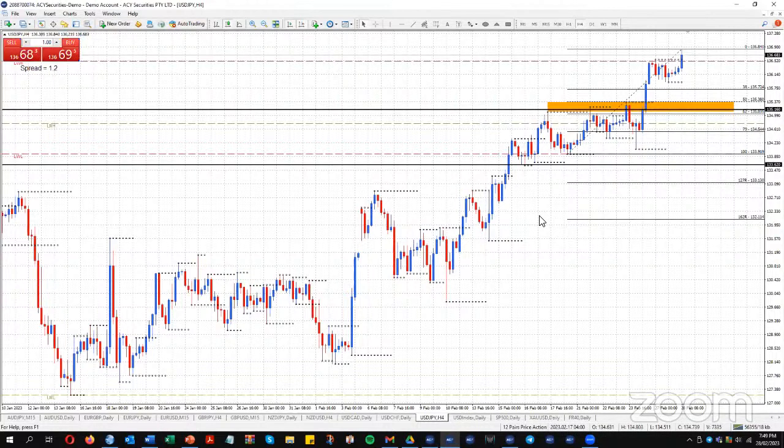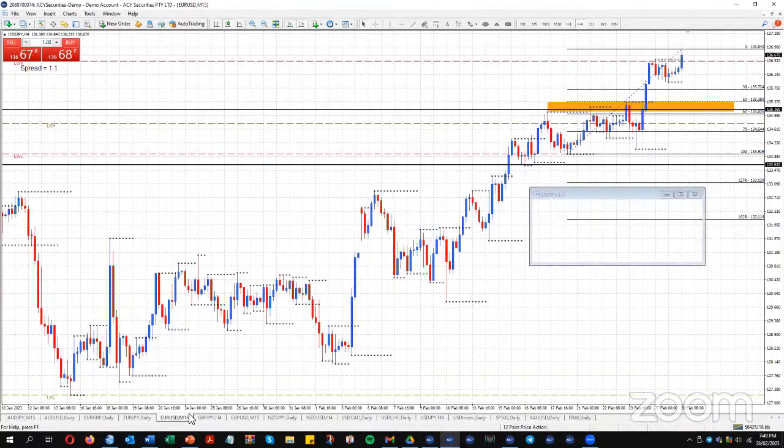I've got areas on all pairs that I follow that I'm watching, and usually through the week, a pair or two will pull back to the levels that I'm watching. Will the dollar yen pull back to that level? Well, we'll just have to keep watching. But you don't want to be buying at the top. You want to look for a logical pullback within that very nice trend that's unfolding at the moment.